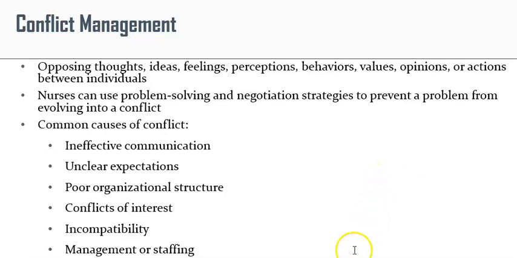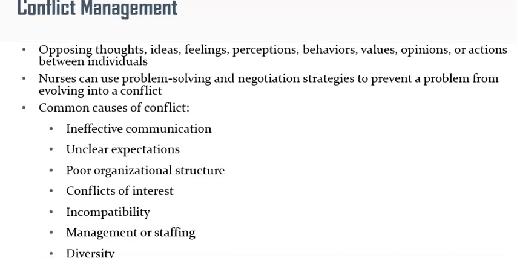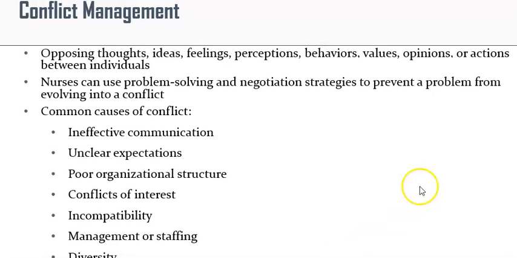That way, after you've listened to this, you can go back and look at that interprofessional communication. So conflict management, what does this mean? Conflict management: opposing thoughts, ideas, feelings, perceptions, behaviors, values, opinions, or actions between individuals. Nurses can use problem solving and negotiation strategies to prevent a problem from evolving into a conflict.